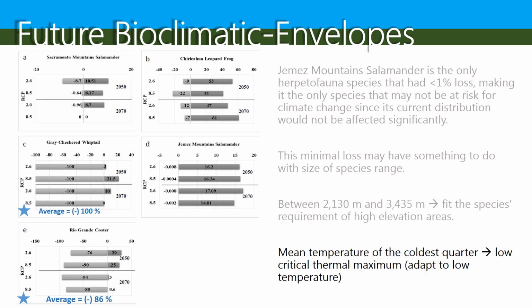And also, the most important climatic predictor for the Hemes mountain salamander was the mean temperature of the coldest quarter, and this also fits the low critical thermal maximum characteristic of the species, meaning that the Hemes mountain salamander can adapt to the low temperature in higher elevations.